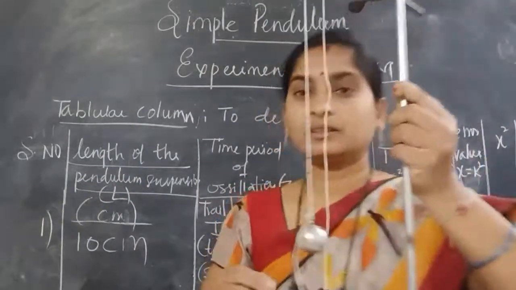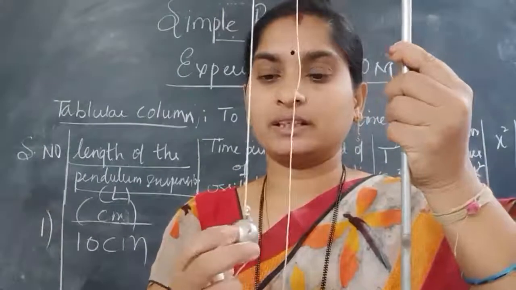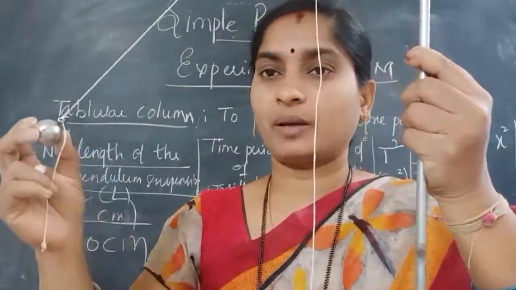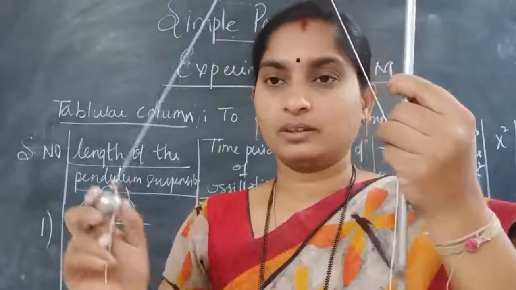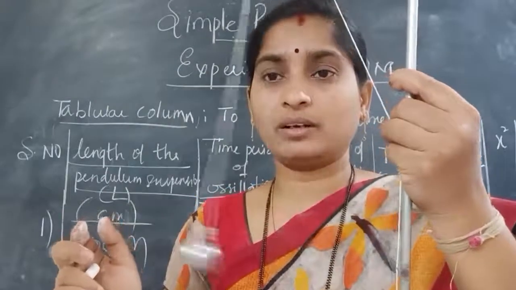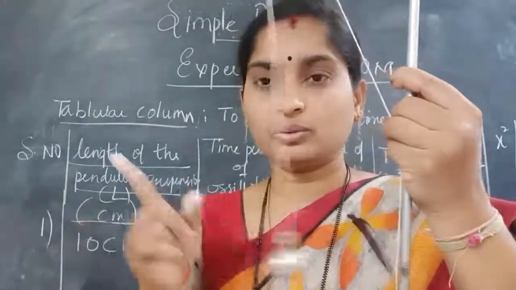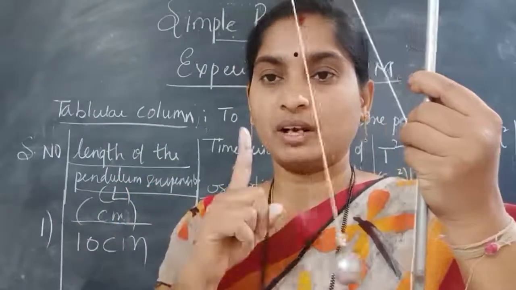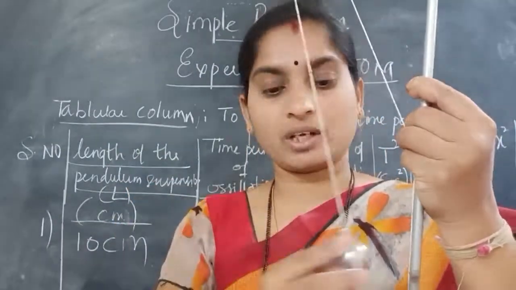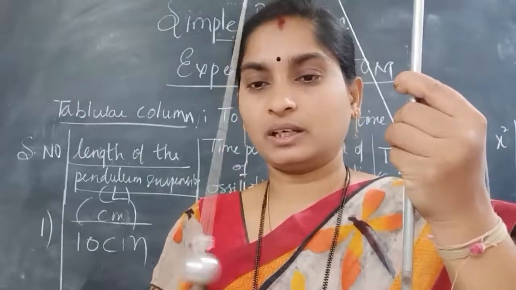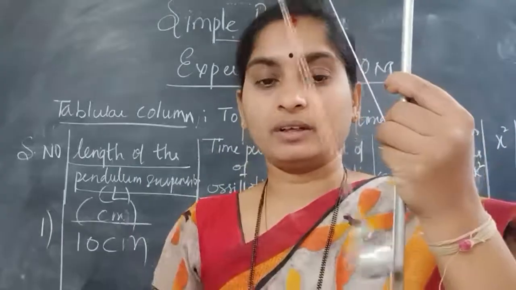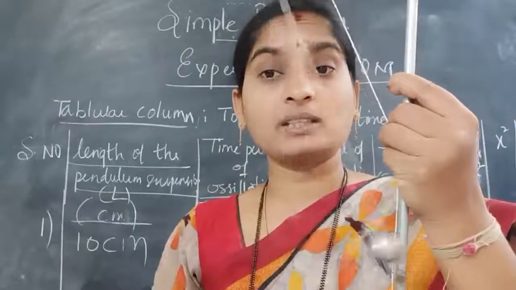Now on this retort stand you give some amplitude like this. Is it oscillating or not? A to and fro motion is called one oscillation. Such oscillations have to be carried out 30 times, and for those 30 oscillations you have to calculate the time.